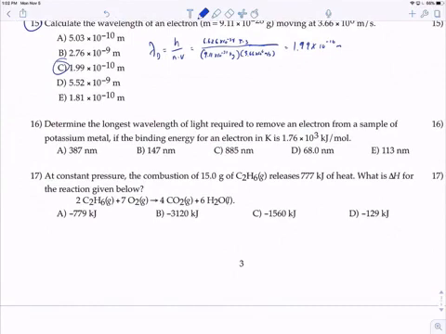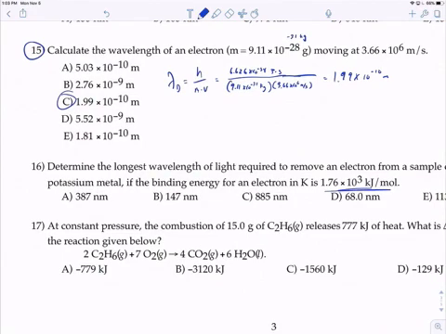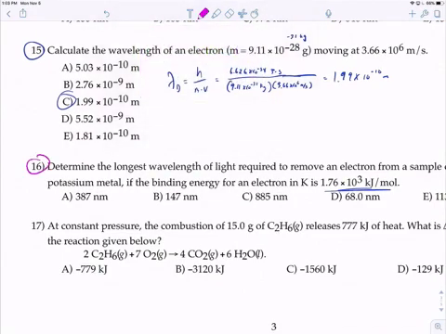Determine the longest wavelength of light required to remove an electron from the sample potassium metal. The binding energy for electron potassium is 1.76 times 10 to the third kilojoules per mole. So this is per mole, which means you have a piece of potassium and you're shooting light at it and electrons are coming off.